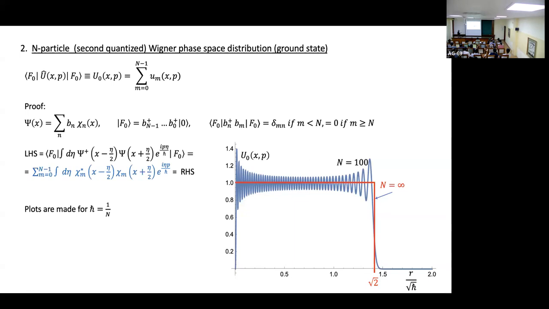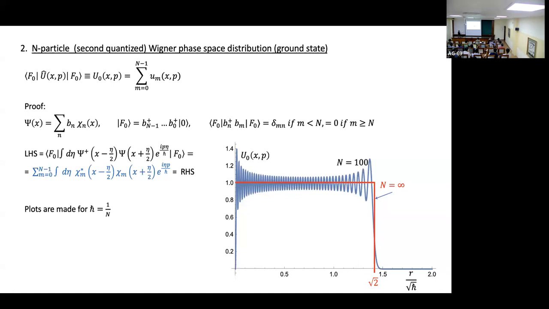That's easy actually. Remember that the second quantized Wigner phase-space distribution is given by that. It has this mode expansion, and the Fermi sea is built like this, and it's easy to show that Bn dagger Bm is 0 if m is greater than n, and is 1 if it is less than n.